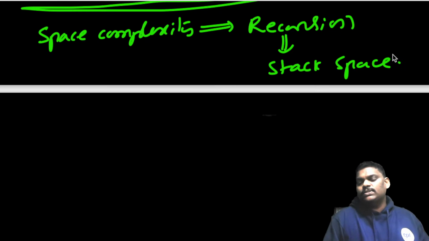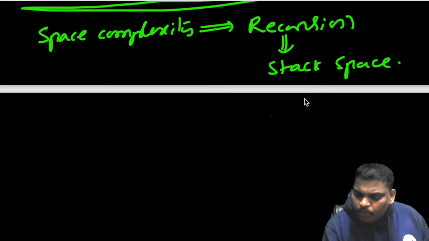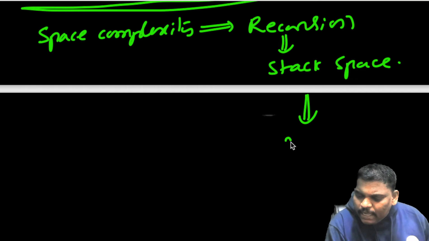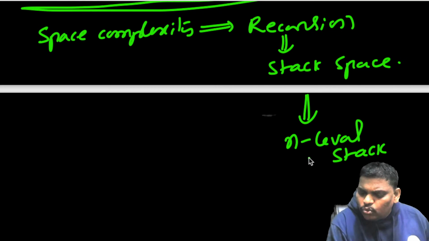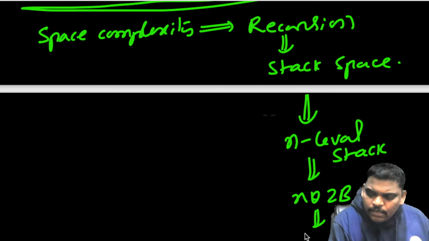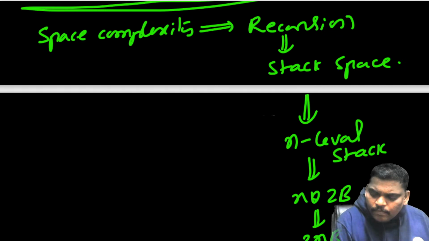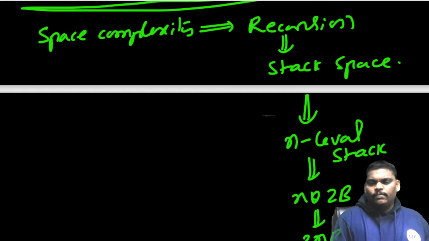In this factorial program, there are n levels of stack, every level 2 bytes, so 2n bytes, order of n.